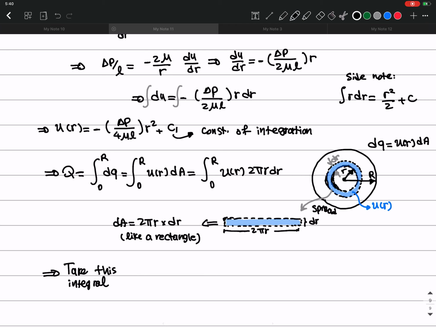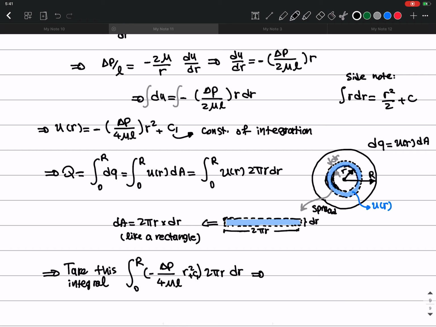Okay, so let me say take this integral. What is the integral? It is the integral from 0 to R of minus delta p over 4 mu l times r squared times 2πr dr. Taking this integral might be a little bit difficult, but you can take it simply.